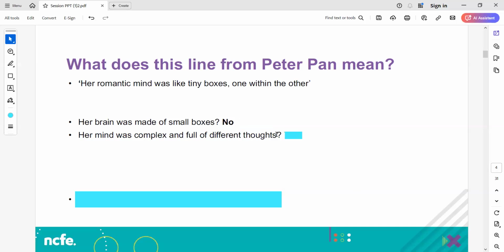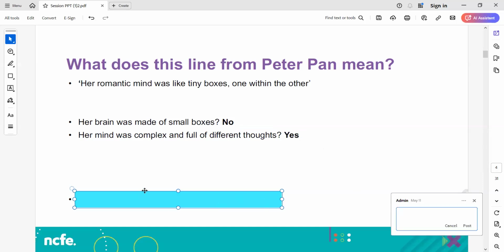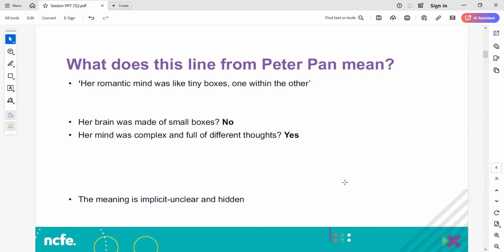Yeah. Okay. So this line from Peter Pan, the difference from the last line, which was explicit and very clear, the meaning here is implicit. So it's unclear and hidden. The reader, or us, we have to do a little bit of work to understand what it means.